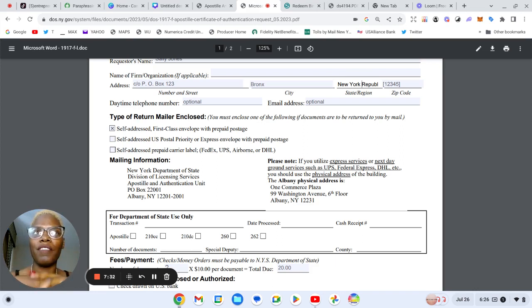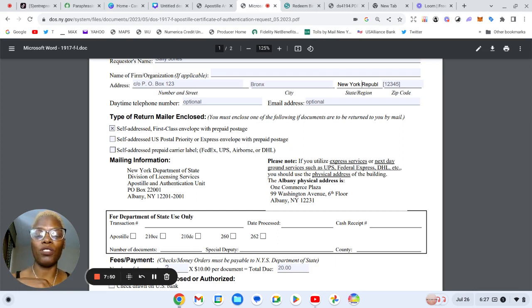So that's like next day. If you want your documents sent back to you right away, you use that address. If you're going to do regular mail, you are going to use the New York Department of State Apostille and Authentication Unit address. So they give you an option, your choice.